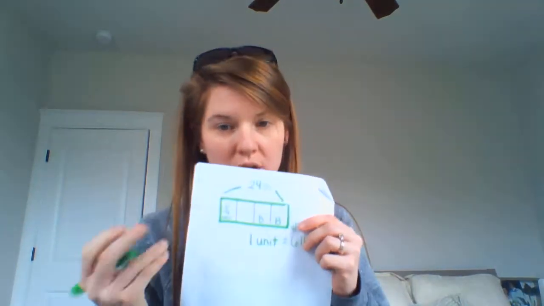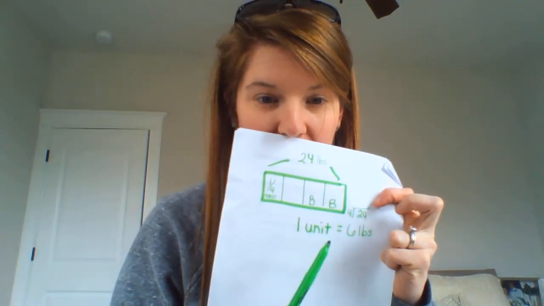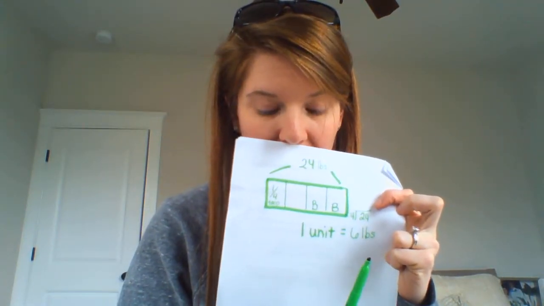So what do we need to do? You're right, we need to divide. Divide what? You're right, 24 pounds by 4. And what does that give us? You're right, 6 pounds. So we know that 1 unit is equal to 6 pounds.